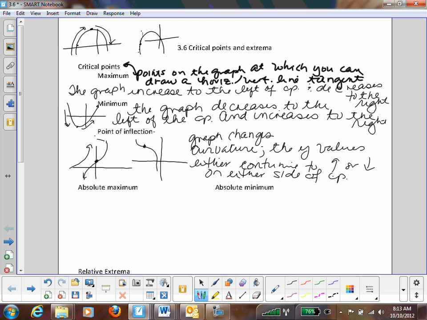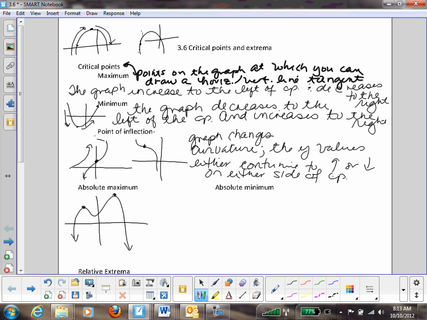All right, so an absolute maximum. A graph that looks like this. Okay. I have two maximums, don't I? I have a maximum at this point and at this point.